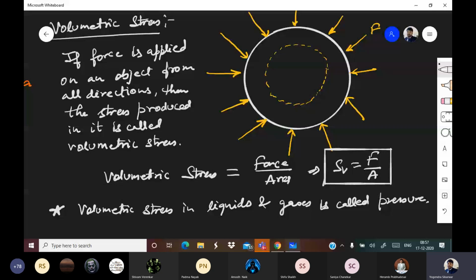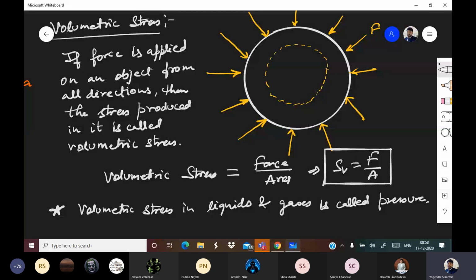If you notice, even their units are the same, right? So the definition is the same, the units are the same. It will only depend on whether you are talking about solids or liquids or gases, then the things will be different. Otherwise, it will become the same.